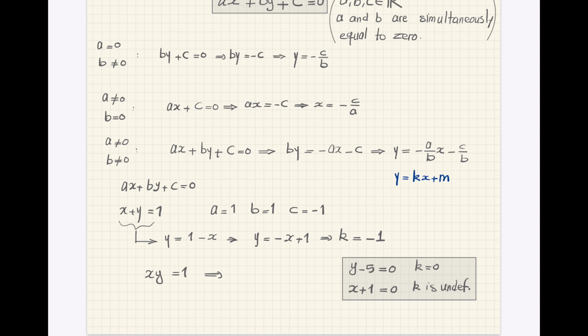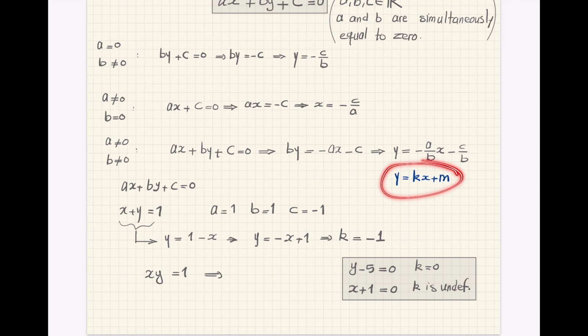In other cases, you need to write it in the k form and read the coefficient. This is very important to remember: when you write it in the k form, the coefficient of y has to be equal to 1. If it is not, first divide by that number so that it becomes 1, then start reading these coefficients.